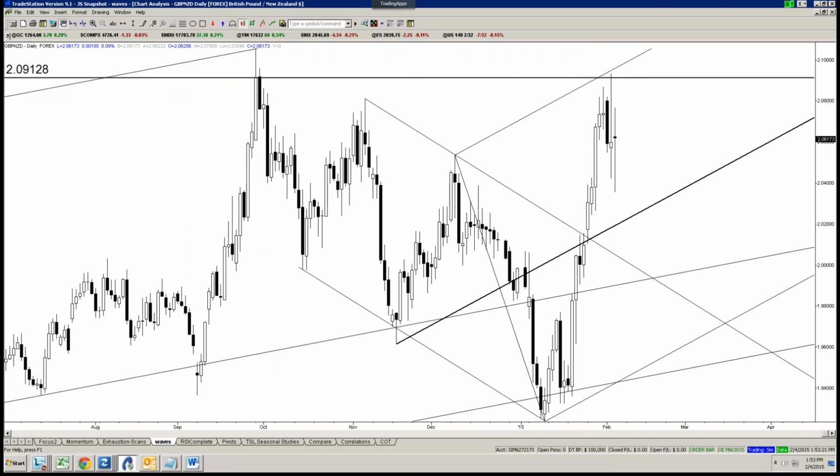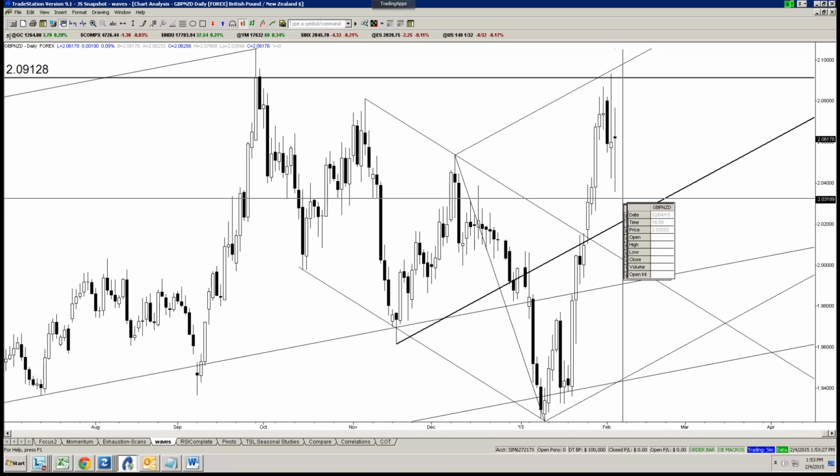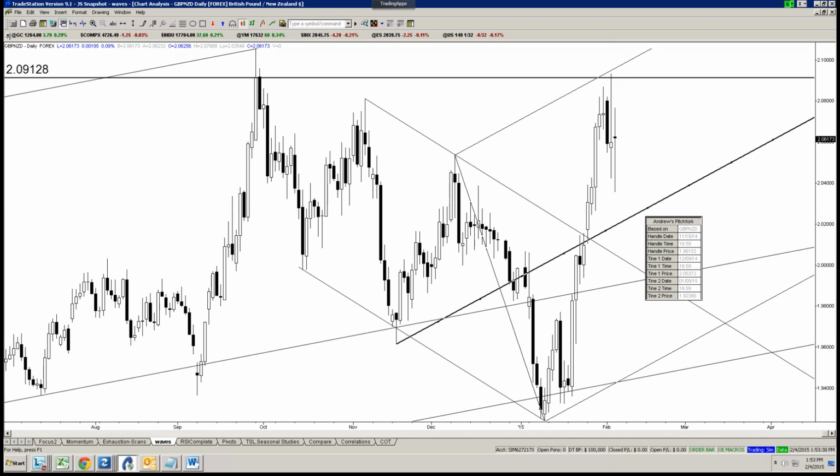The first place you'd be looking at for support, again, probably is going to be this median line, which ends up cutting through some consolidation here at the very beginning of the year.